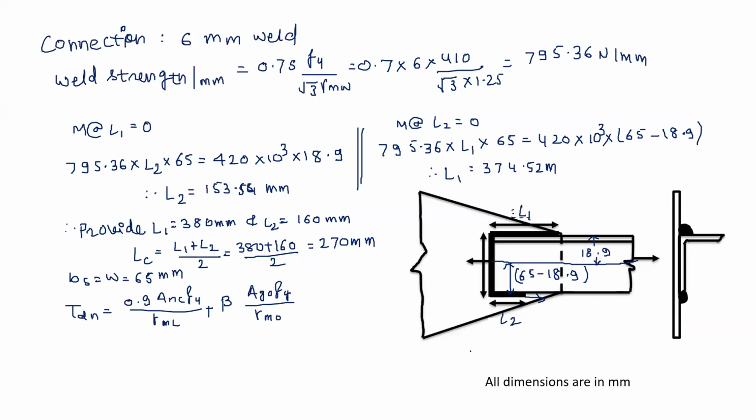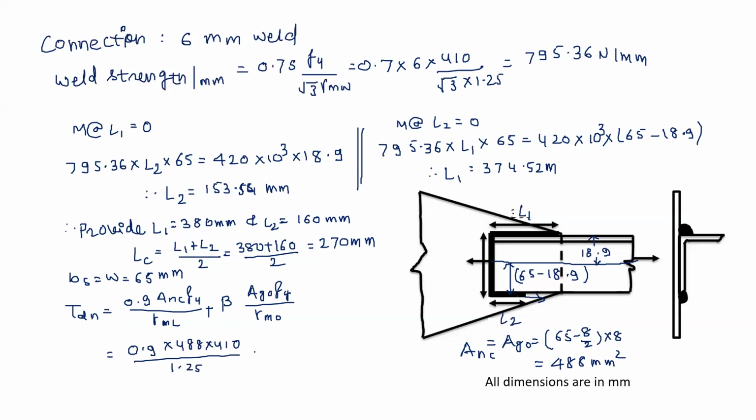Now ANC we have ANC equal to AGO, because welded section we have both same, B or D minus T by 2 into T, and we have this value 488 mm square. And now put these values. So we have 0.9 into 488 into 410 upon 1.25 plus beta. We have not calculated beta, so we have to calculate beta also.